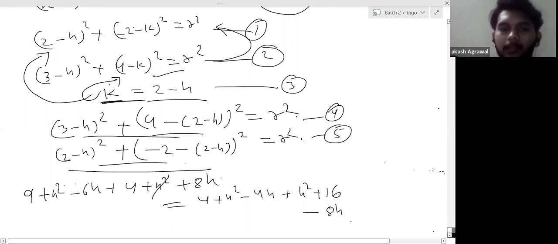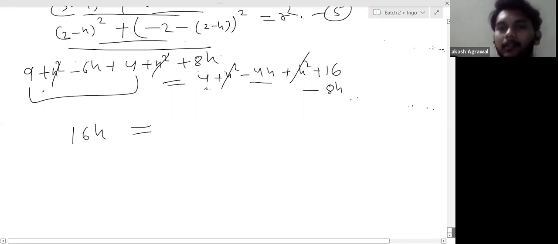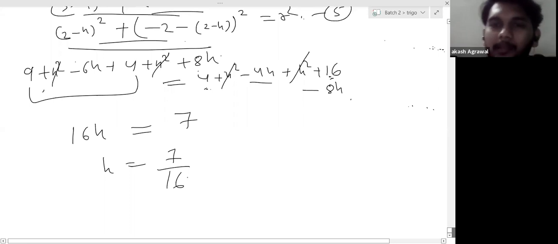So how many h square? h square, h square cancelled. So bring all the h together. Minus 6h plus, that means 2h. This plus 6h, 8h, 16h. All right. This is 13. So if it goes here, minus 9 plus 16 will be 7. So h is 7 upon 16. Check the calculation. All right. I might be wrong. I guess I'm not.